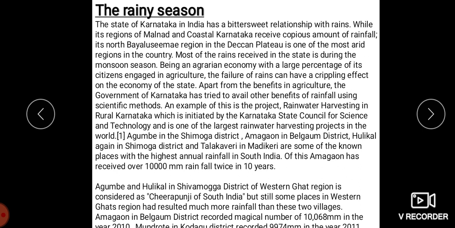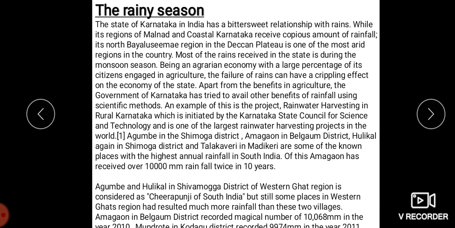Apart from the benefits in agriculture, the government of Karnataka has tried to avail the other benefits of rainfall using scientific methods. An example of this is the project of rainwater harvesting in rural Karnataka, which is initiated by the Karnataka State Council for Science and Technology and is one of the largest rainwater harvesting projects in the world.